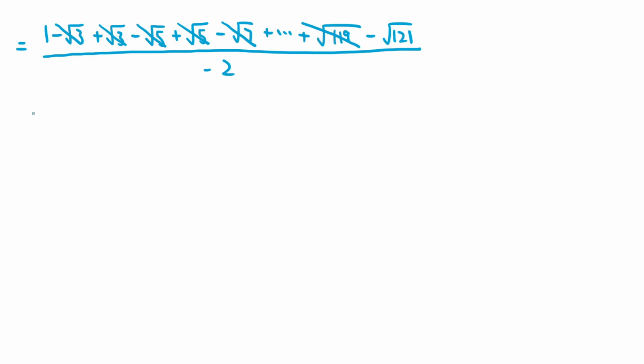So we're just left with two terms in the numerator, 1 minus the square root of 121, and this is all divided by -2. The square root of 121 is equal to 11, so this is just 1 minus 11 over -2, and if we simplify this fraction, this is just equal to 5, which is another nice integer value.